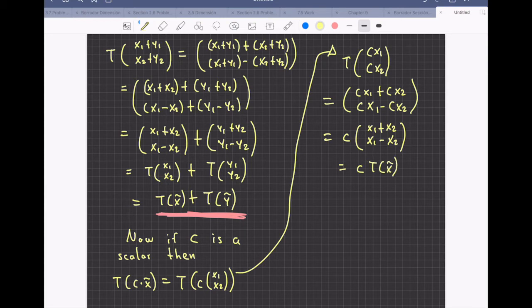So again, we have verified in this case that T of c times x is the same as c times T of x. So yes, T of (x, y) equal to (x plus y, x minus y) is linear. It's a linear transformation.